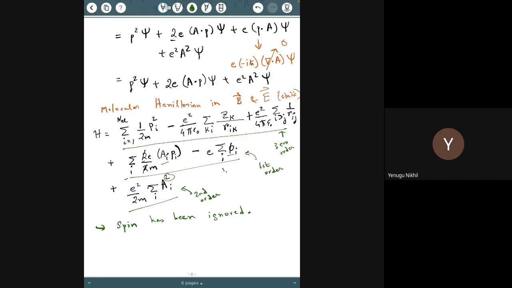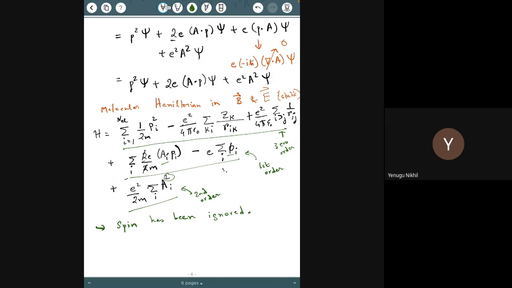Ma'am, just a small thing. In the zero order Coulomb interaction, there is a double summation, right?